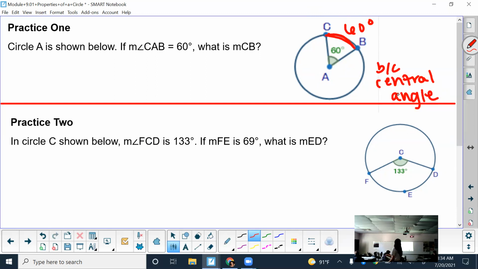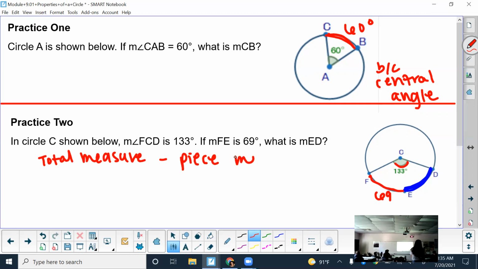All right, practice 2. So we have circle C shown below. The measure of FCB is 133. If the measure of FE is 69, what is the measure of EB? And how did you figure that out? Because your arc is going to be the same as the angle. So 133 minus 69, that's 60. Exactly.